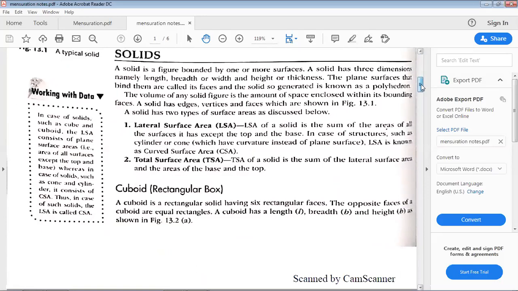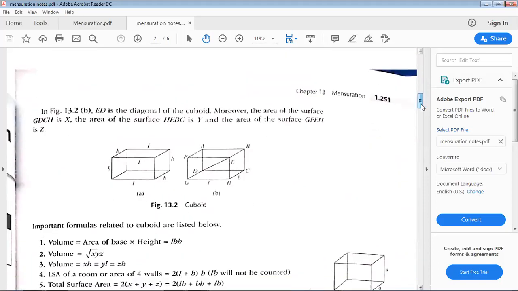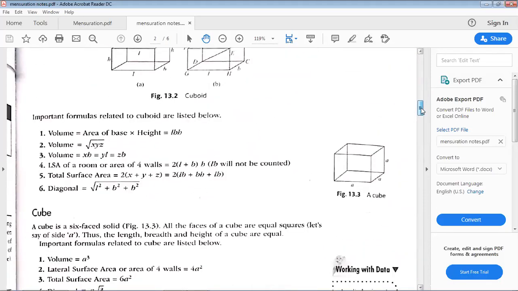The figures are already given in the notes. You should remember the formulas wholeheartedly. It's very important, as most of the questions can be answered just with the formula. And please keep in mind the formula of the diagonal, because most of the questions involve diagonals.